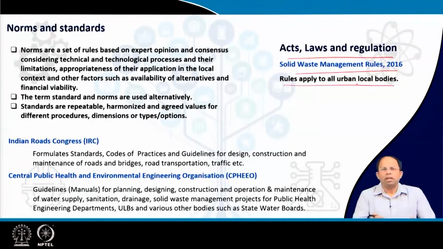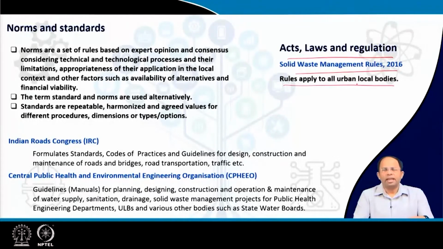So norms are guidelines based on expert opinion, but based on consensus. That means it's not given by one expert. It's a consensus built up from the opinion of multiple experts. This is in terms of technical processes, because the outcome of an engineering process could be multiple, but which one is appropriate, which one is good, is decided by experts, right?